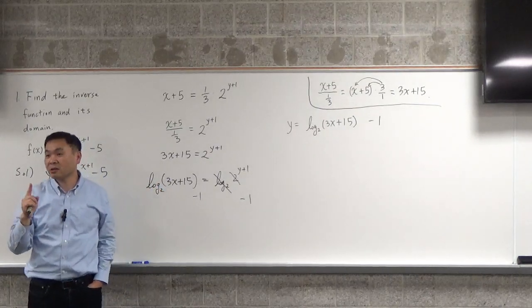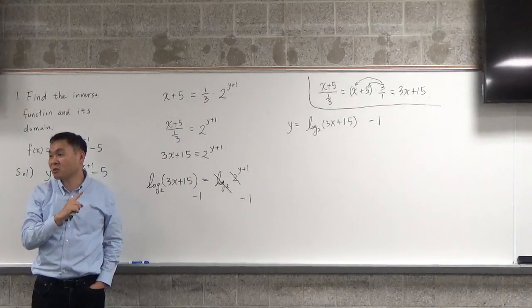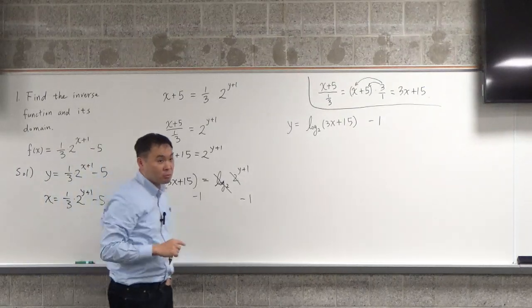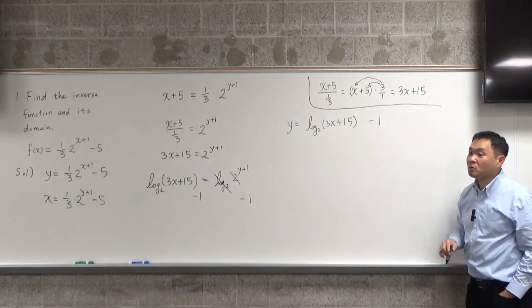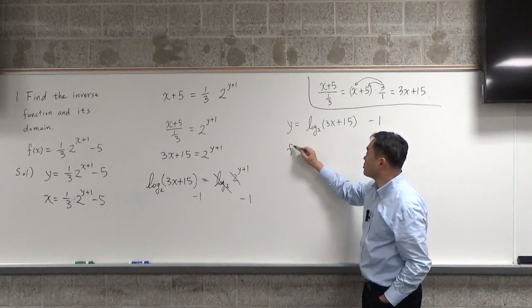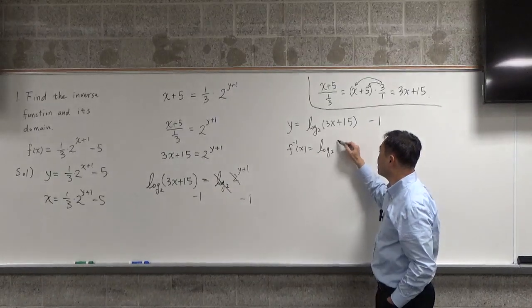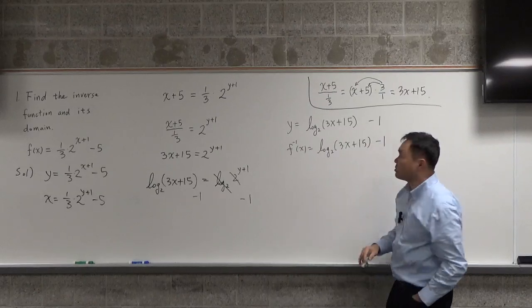And in the quiz tomorrow, if it's 10 points and you get 1 point off, that's actually quite a lot. Okay, so don't disregard the parentheses. All right, so we're almost there. That means the inverse function is this thing that you see, log base 2 of (3x plus 15) minus 1.